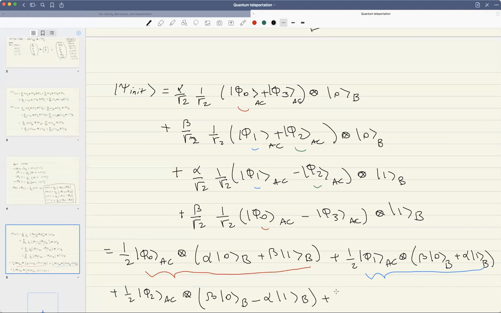And finally, let's do the phi 3. Again, it appears in 2 places, here and here. And the term we're left with is, again, 1/2 phi 3.